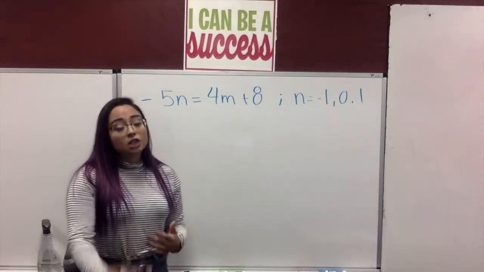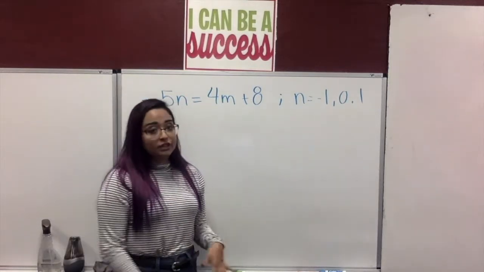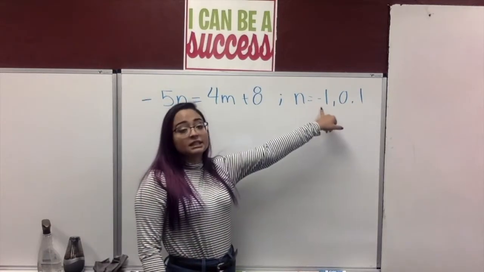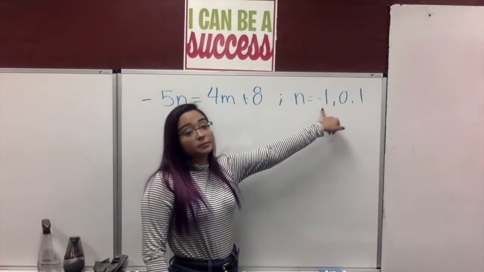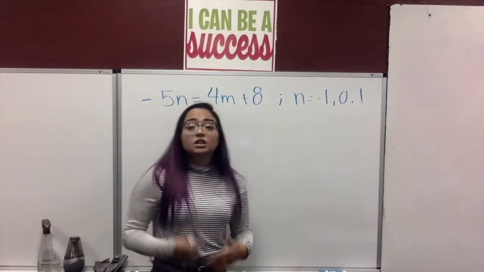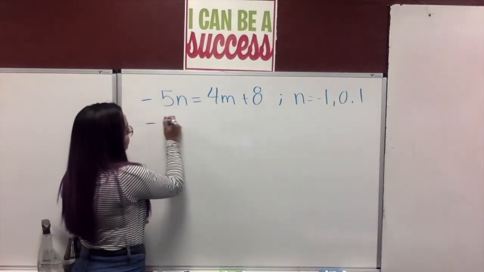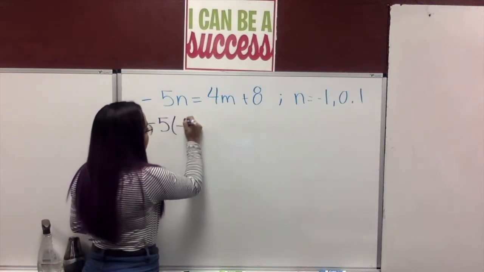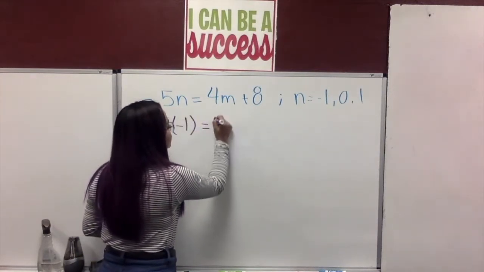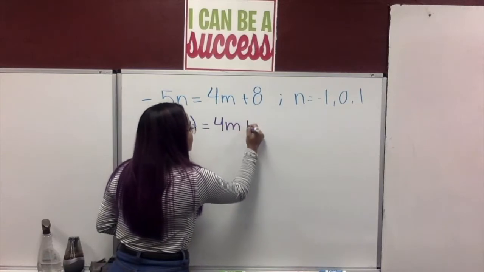Okay? So let's start off by plugging in our first variable. In this case, the value of n is going to be -1. So let's see what that turns out. We have -5n times -1 is equal to 4m plus 8.